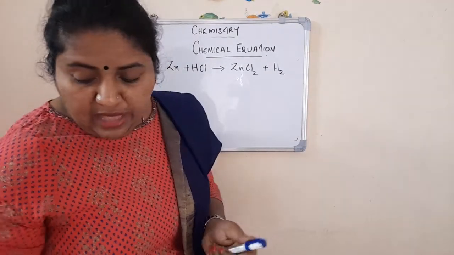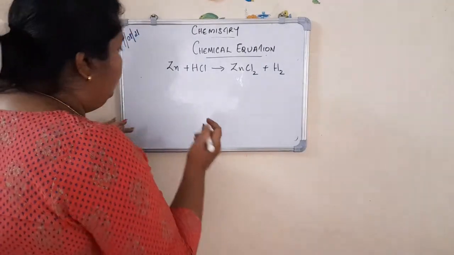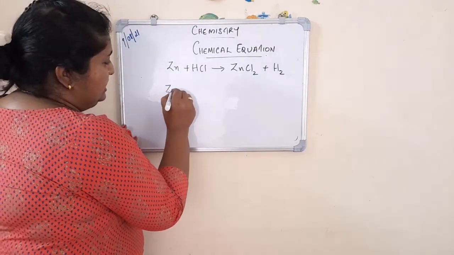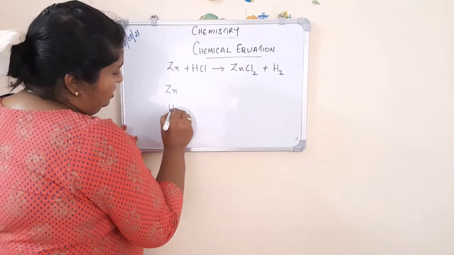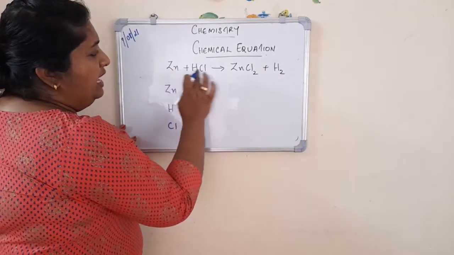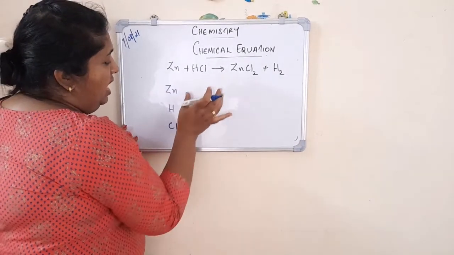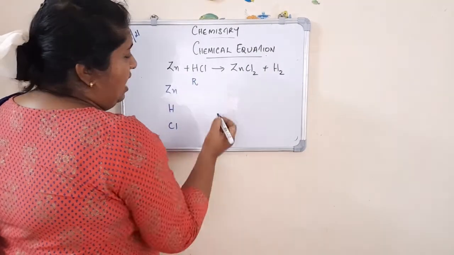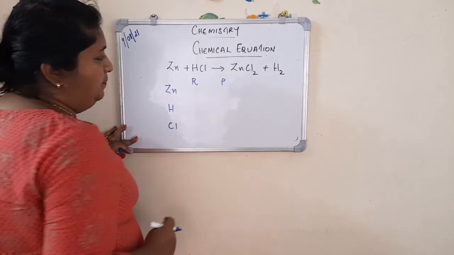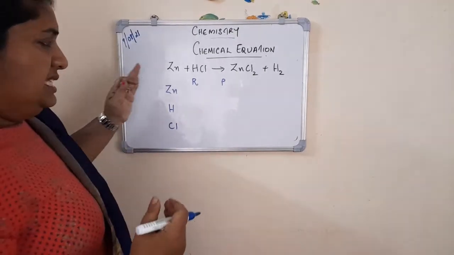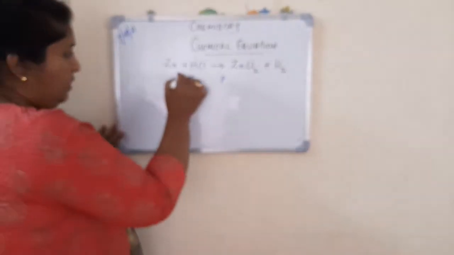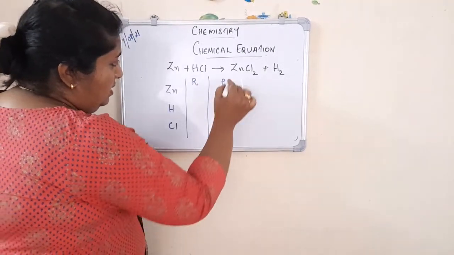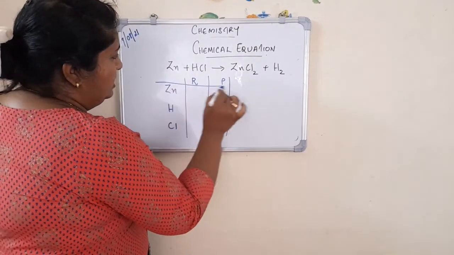For that I will write zinc, hydrogen, chlorine, whatever elements are represented here, then reactants and products. This is before balancing. Now I'll draw a table like this.